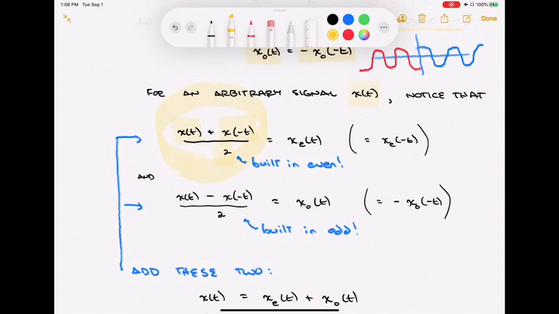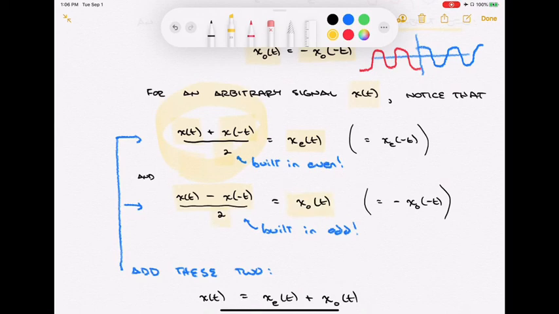So if I take a signal, add to it its reflection, and divide by 2, and I call it x_e of t, because I know it satisfies the property of evenness. I can get an even signal from my arbitrary signal just by adding a signal to its reflection. I can do the same sort of thing. I can build a definition to get an odd signal. So I can take a signal minus its reflection, divide by 2, and that has built-in oddness.